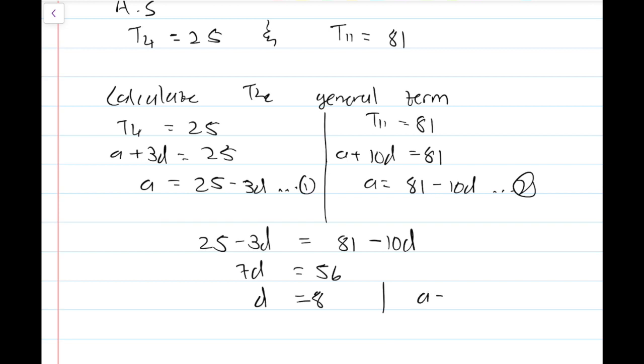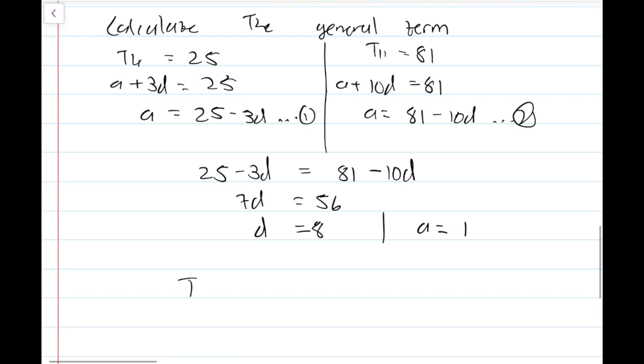How do we find our A value? You take that and sub it into either one of those equations. So I'm going to say 25 minus 3 times 8, which gives an A value of 1. So what do we do from here? Simple. We find the general term knowing the A and D values. Tn is equal to A plus D times n minus 1.